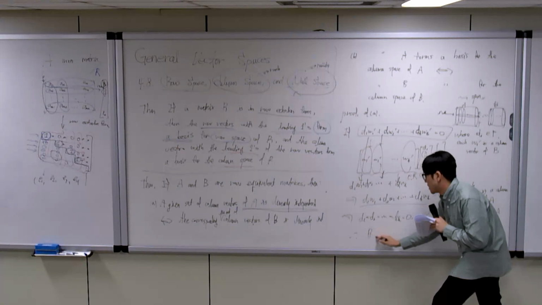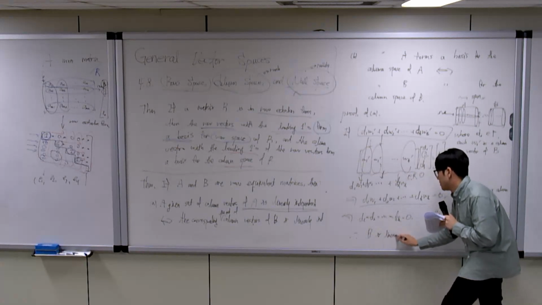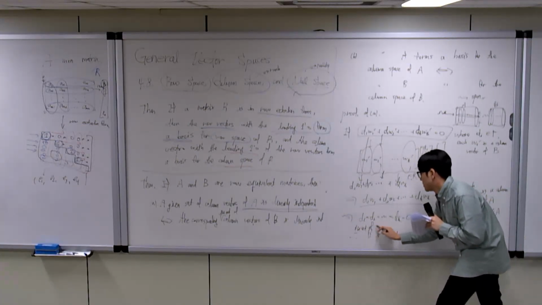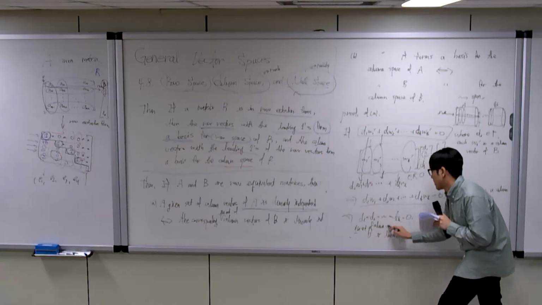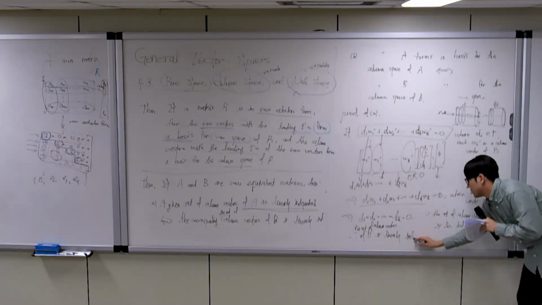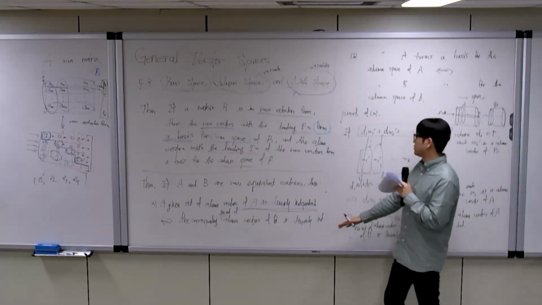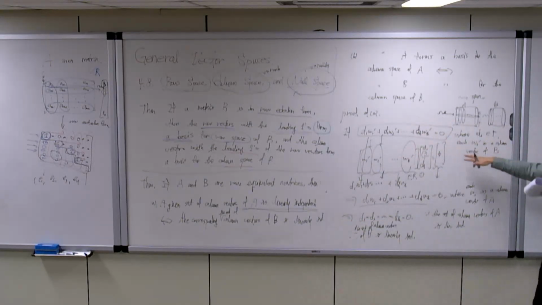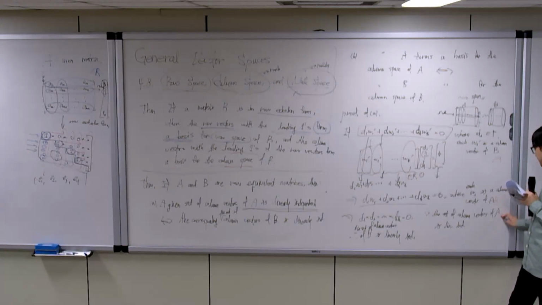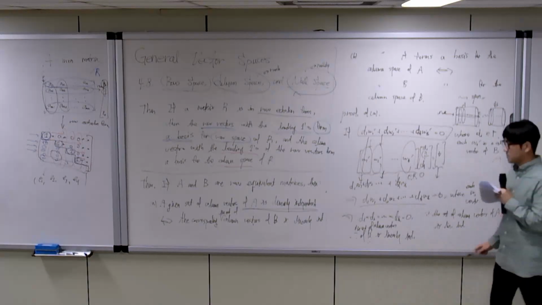That means the set of column vectors of B is linearly independent. And conversely, if you start from the linear combination of B, then it goes to A, and so from B, A is linearly independent. So it is an if and only if property.